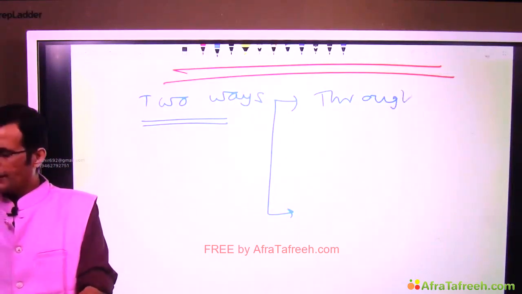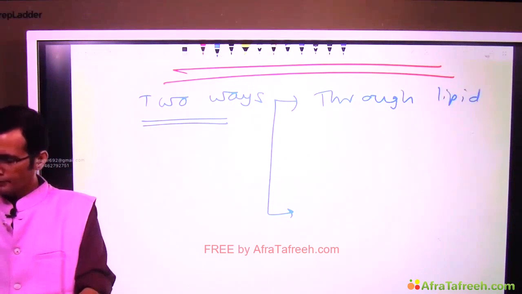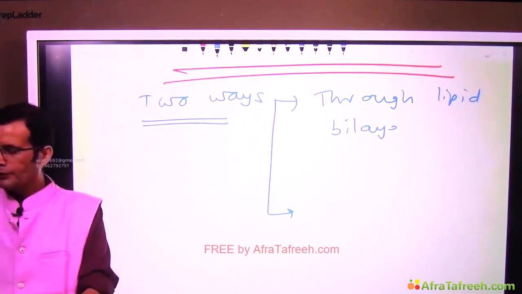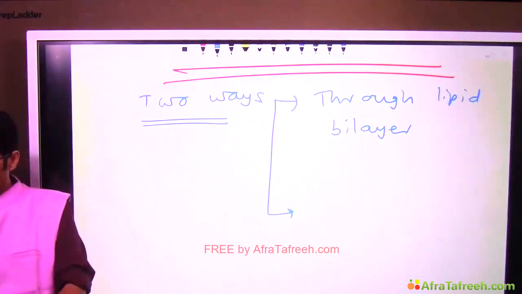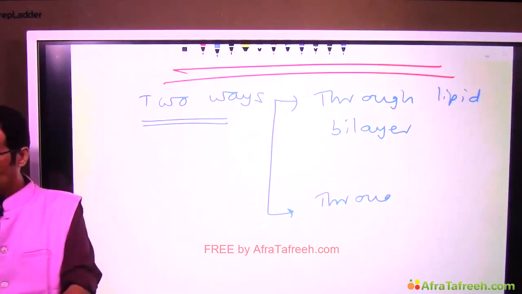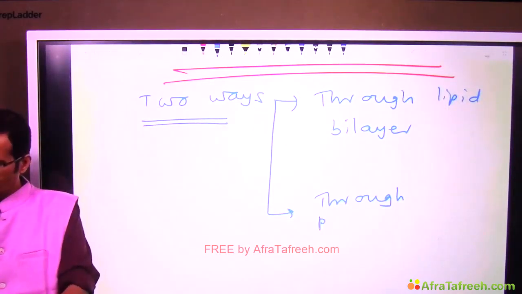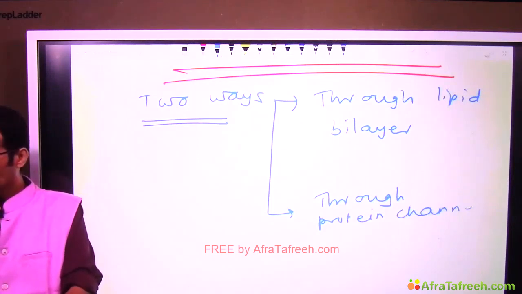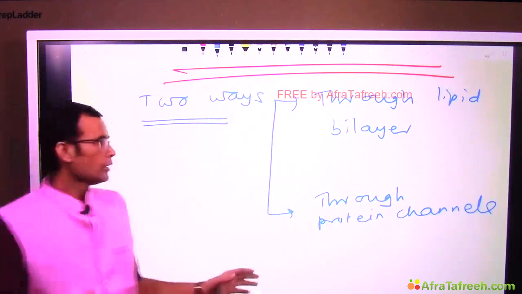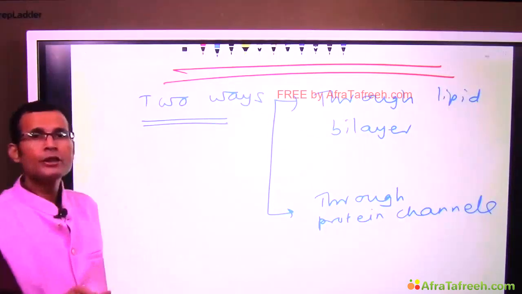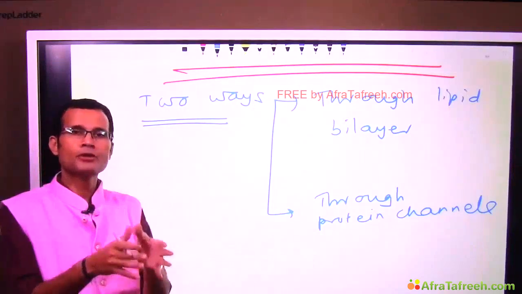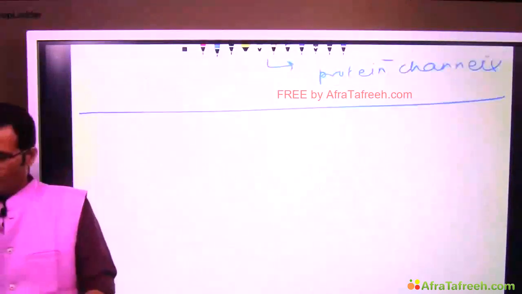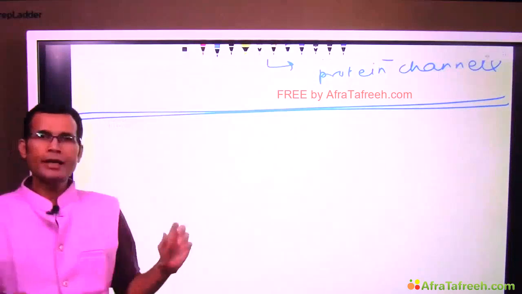Lipid soluble substances will diffuse through the lipid bilayer, and through the transport proteins, let's say channels in the membrane. Water soluble substances cannot diffuse through the lipid bilayer. They have specific channels for them, right? Next point, there are two types of diffusion.